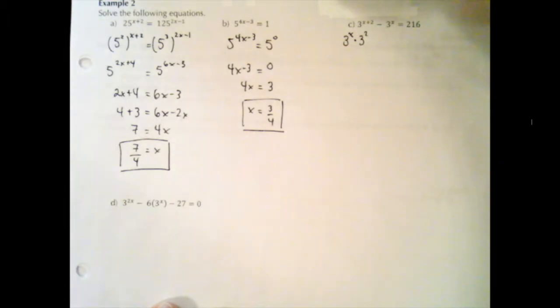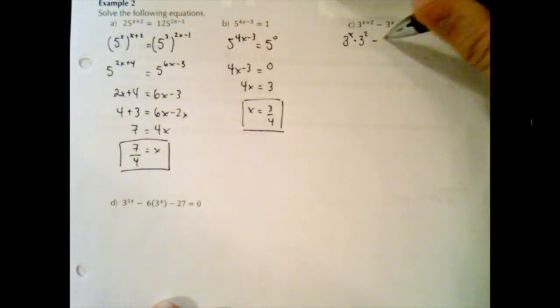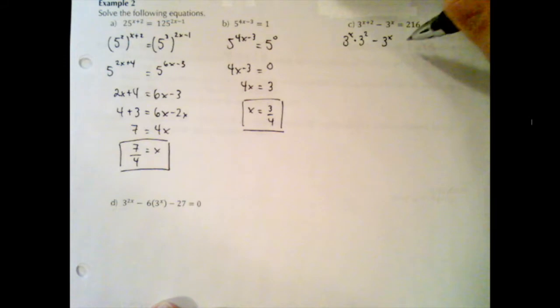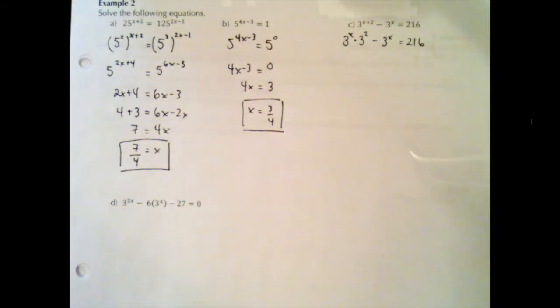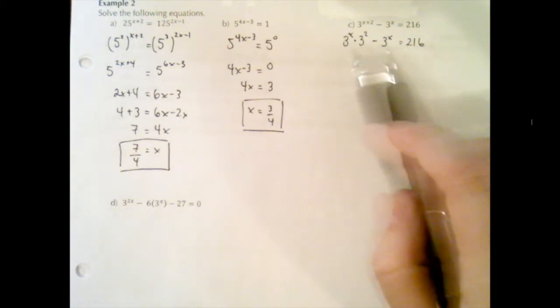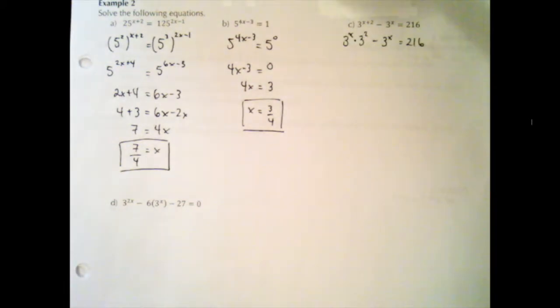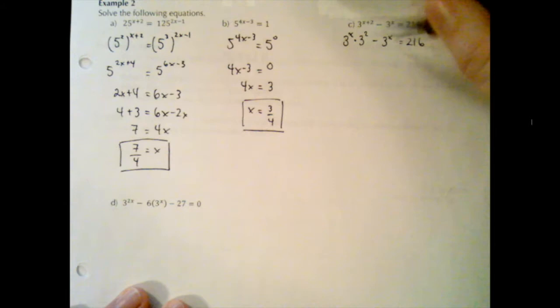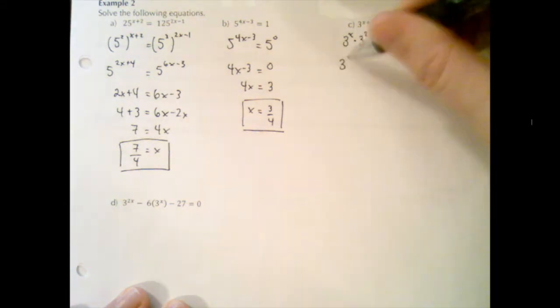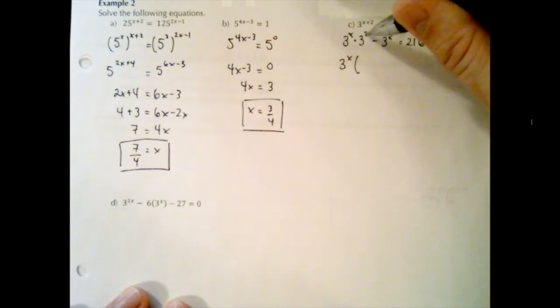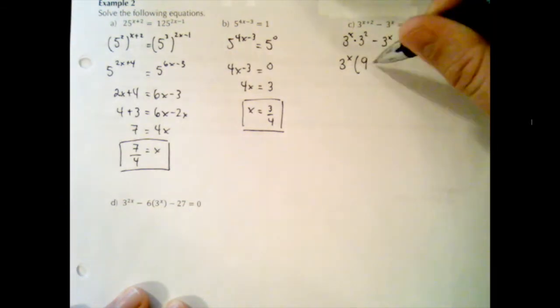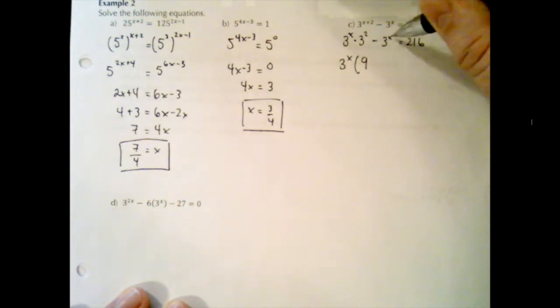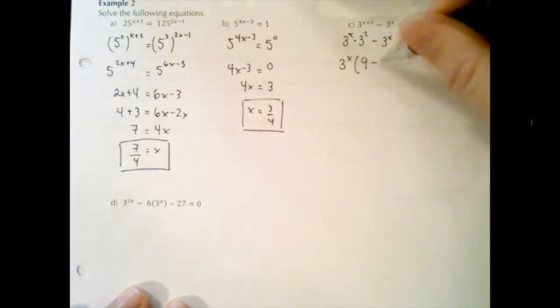Why do we do this? Well, I'm just going to write the rest of the equation here, minus 3 to the exponent x equals 216. We do this because now we have something common to these two terms, 3 to the exponent x. And if we common factor 3 to the exponent x from these two terms, we're left with 3 squared, which is 9, and negative 3 to the exponent x divided by 3 to the exponent x would leave us with negative 1.